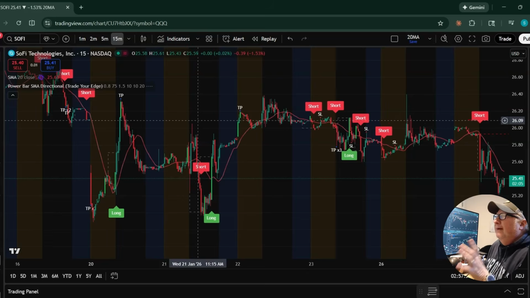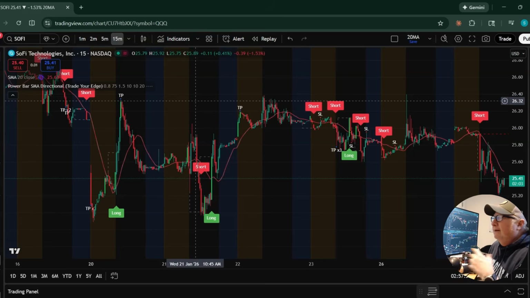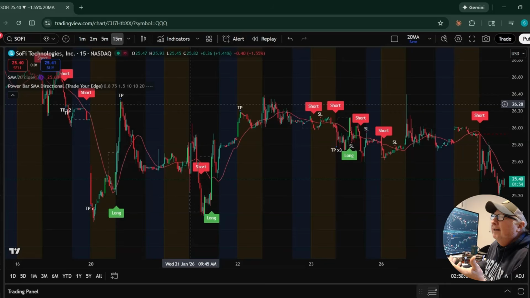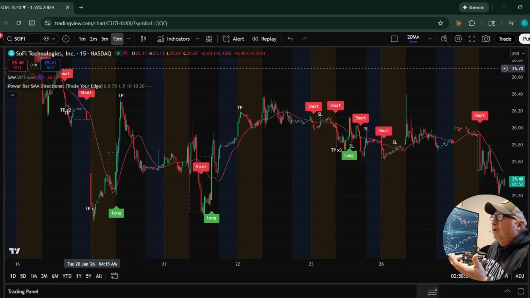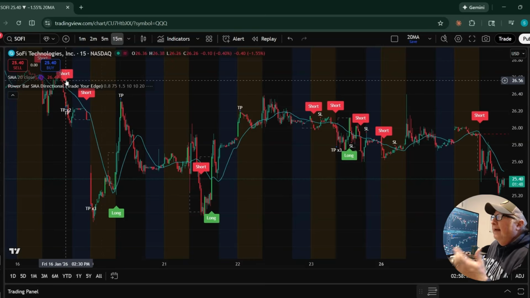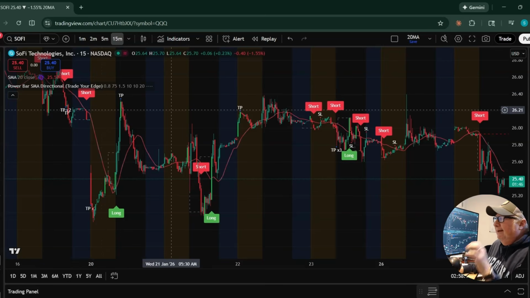But this is what the power bar looks like, again, on SOFI, which is a smaller stock that I like to trade around. It moves really well, and you can see what the power bar setups look like. And I'm going to go over these sort of quickly.